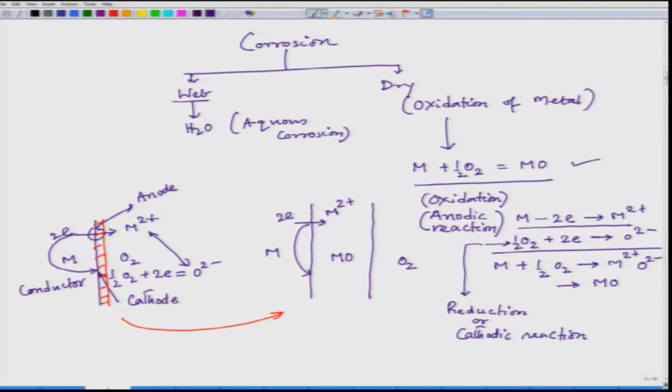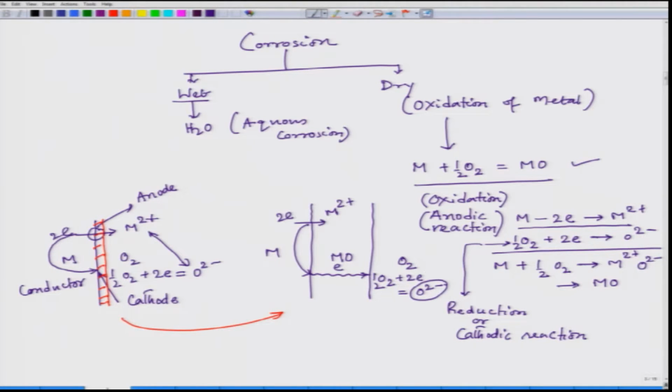This electron can flow through the metal oxide, which could be either N type or P type. If it is N type, then this electron can flow through the electron carrier, and here can form O2-.